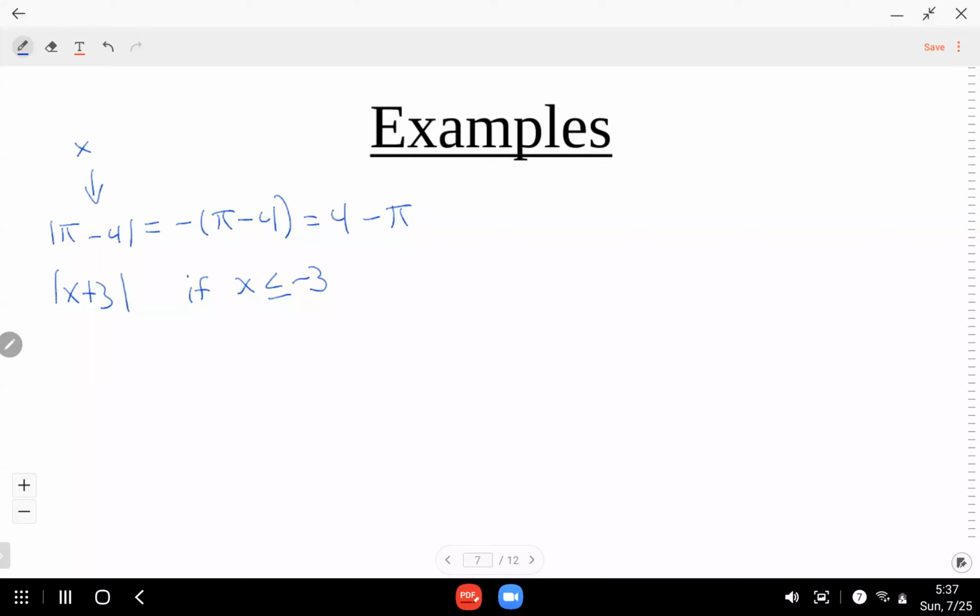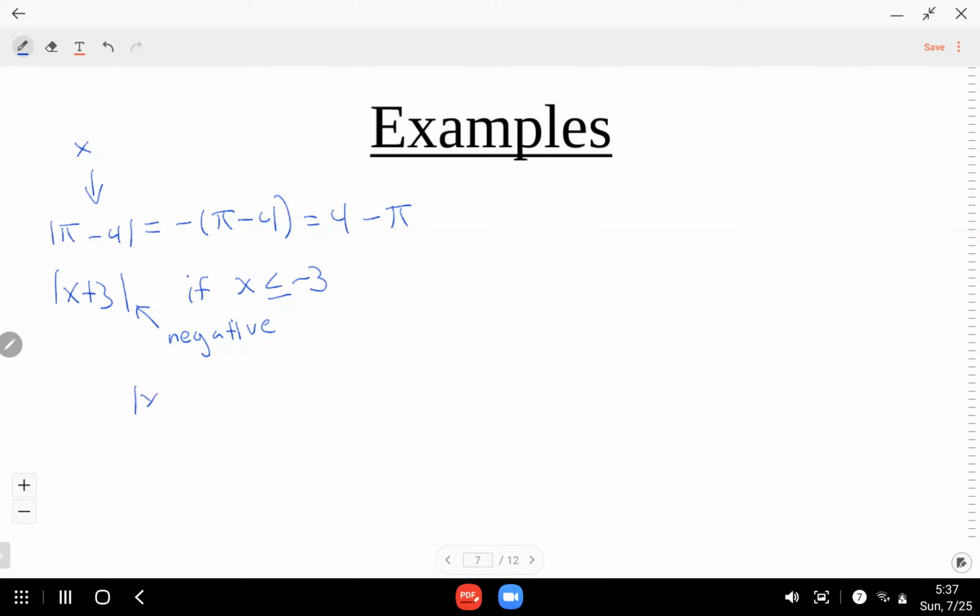Now, if x is less than or equal to -3, it could equal -3, which means that it would be the absolute value of 0. But it could also equal -4, and then it's negative. So we're going to assume it's negative. And what we do when we're negative, we just take the whole -x.